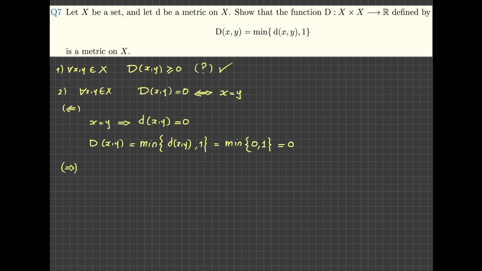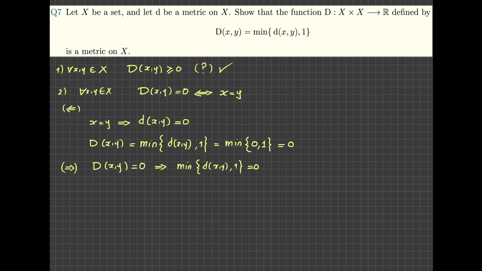This time I know that capital D acting on X and Y is 0. I want to show that X is equal to Y. So you are telling me that capital D acting on X and Y gives me 0. I know that capital D acting on X and Y is the minimum of little d acting on X and Y and 1, and this is equal to 0.